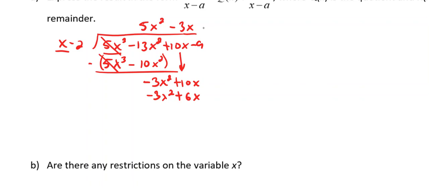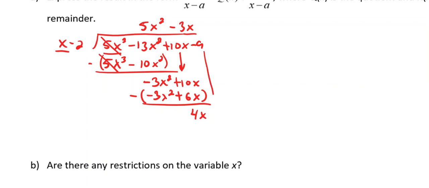Negative 3x times negative 2 would be positive 6x. And again, we're subtracting all of that. So negative 3x squared minus negative 3x squared, that's like adding, so those cancel, so that's good. And then 10x minus 6x is going to be 4x.